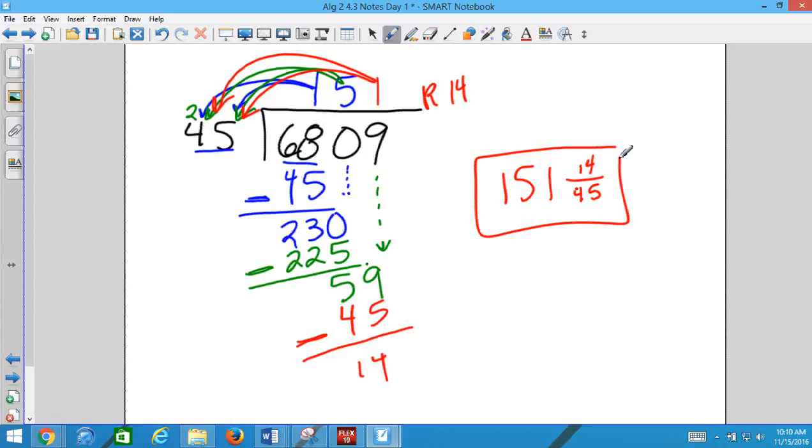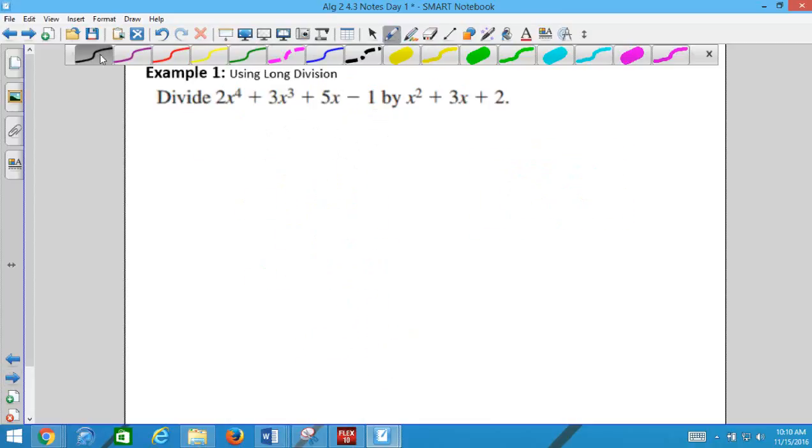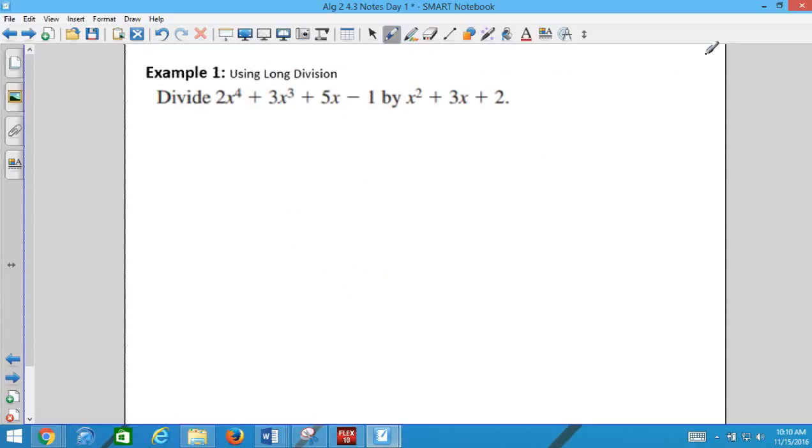All right, go to your notes. But we learned this like back in 3rd grade. Okay. Long division. When we do long division, you have to have all the places represented.